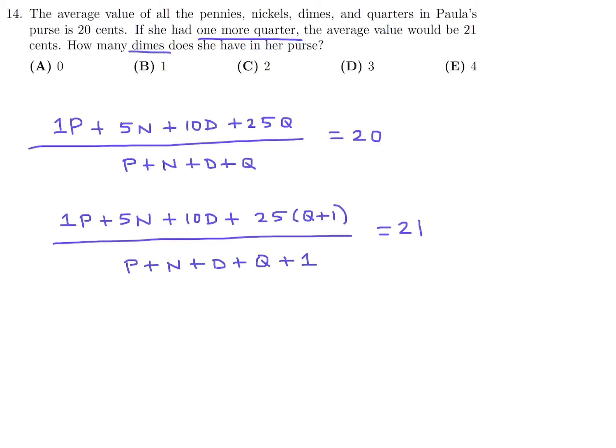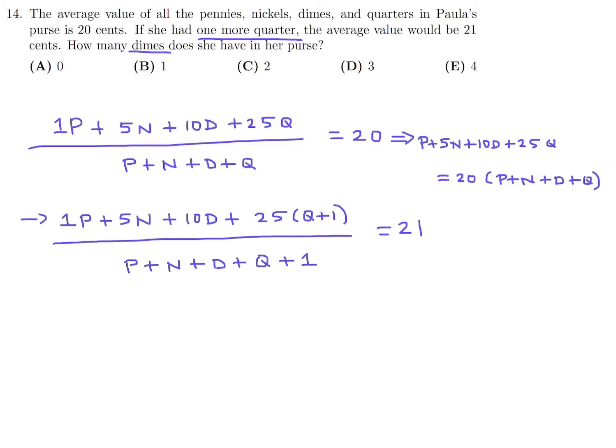All right, no problem. So the first equation basically looks like P plus 5N plus 10D plus 25Q is equal to 20 times P plus N plus D plus Q. I'll substitute that into the second equation right here.